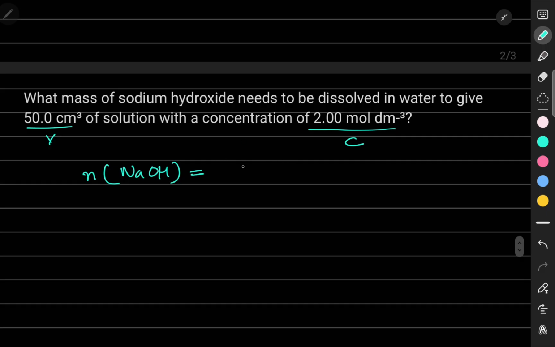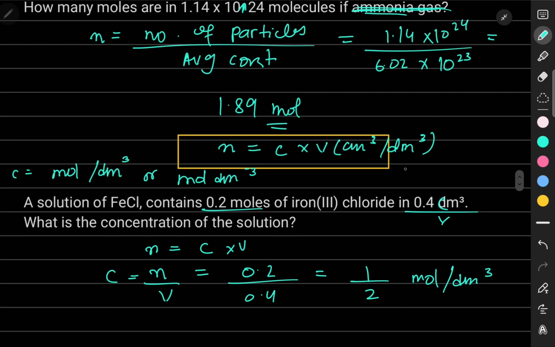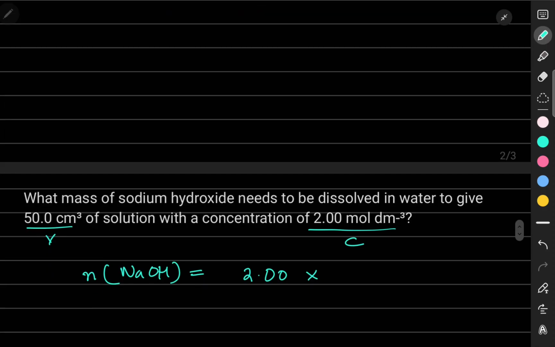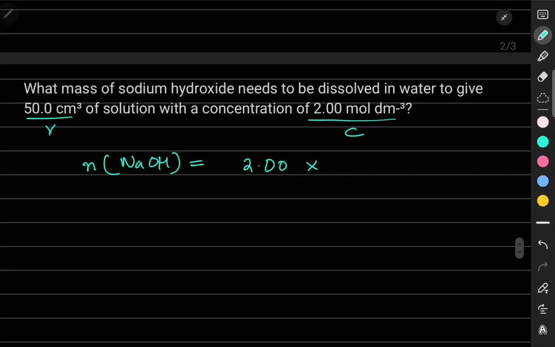So concentration is 2.0. We're using this equation, n is equal to Cv, so concentration times the volume, which is this, divided by 1,000.